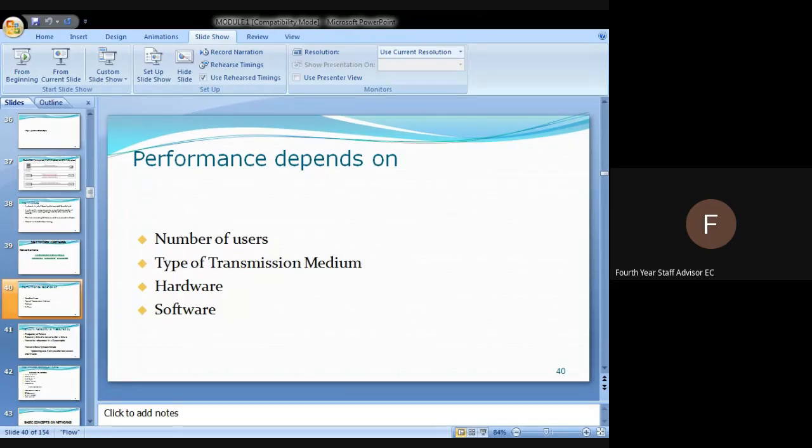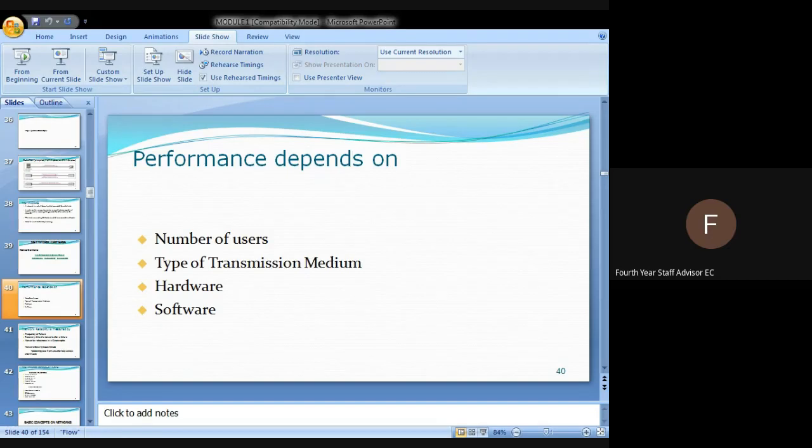Having a lot of users in a network will slow down the response time. If more users are there, the response time will be very slow.